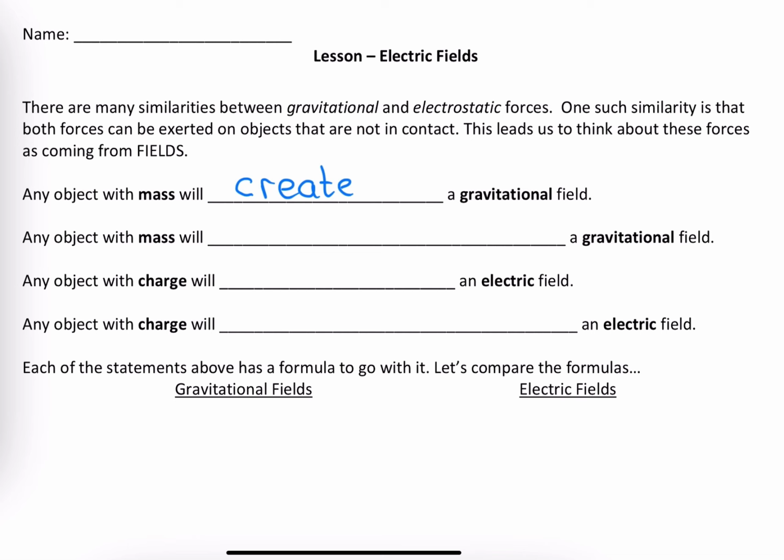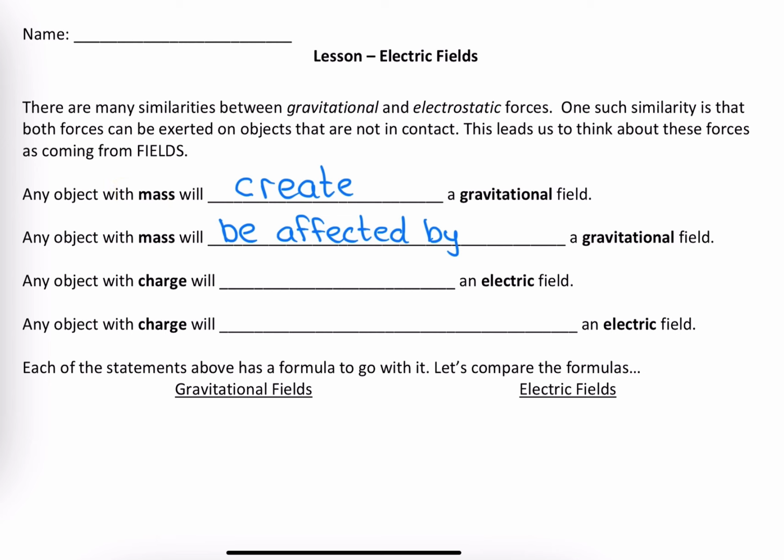And similarly, any object with mass will be affected by a gravitational field. For example, right now the Earth, which has mass, is creating a gravitational field.